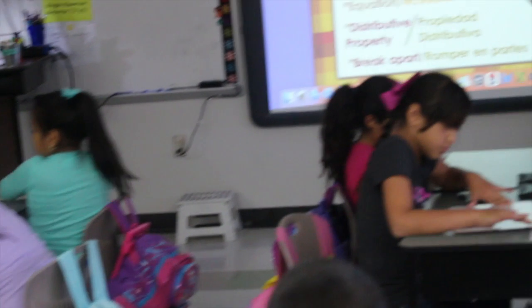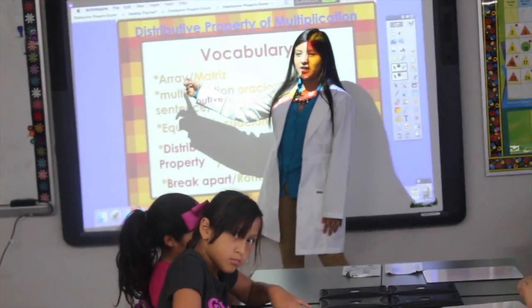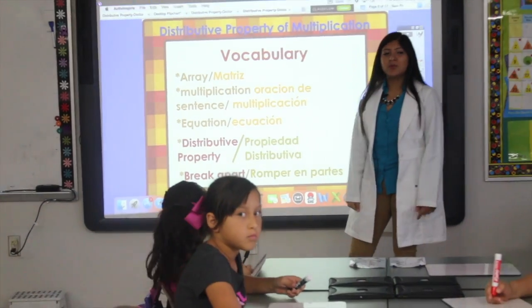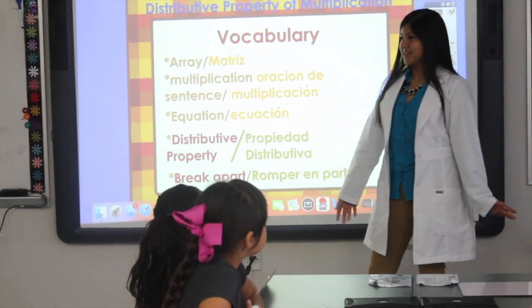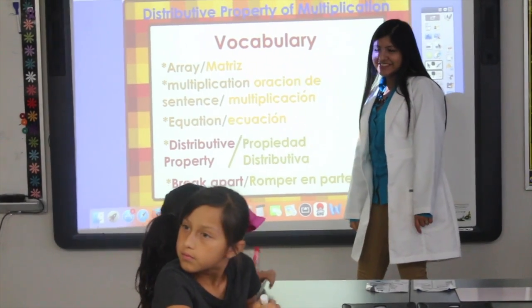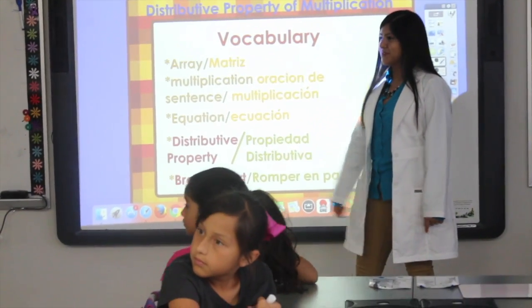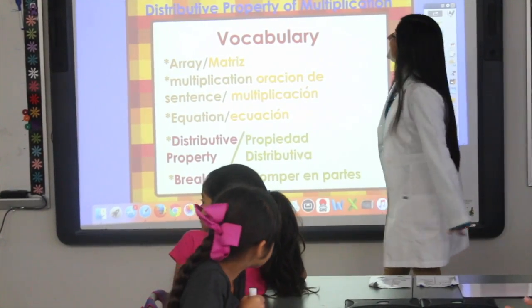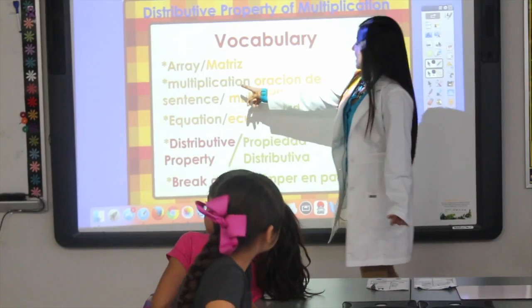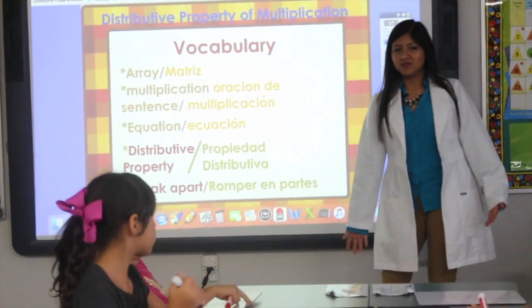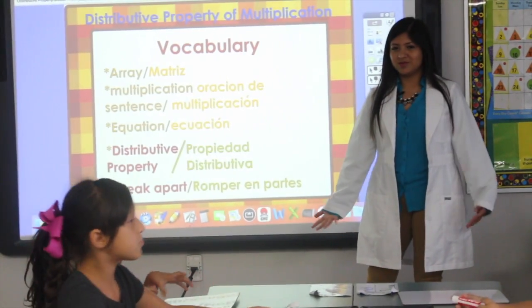Some of it you already know, like you already know what an array is, right? It's like a picture that helps you break down a multiplication equation. Remember the poster over there? The multiplication with the matrix and everything, the array. A multiplication sentence is, for example, 5 times 4 equals 20.